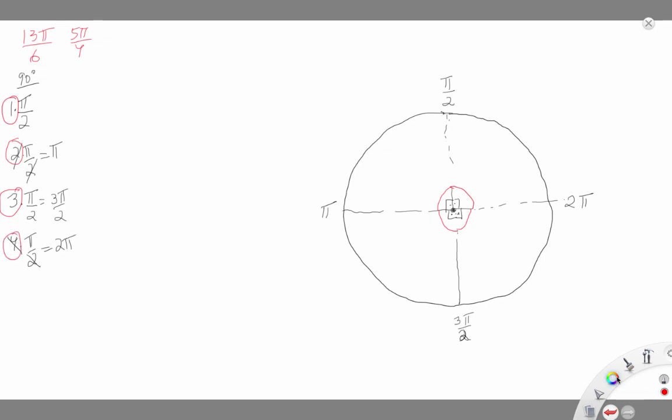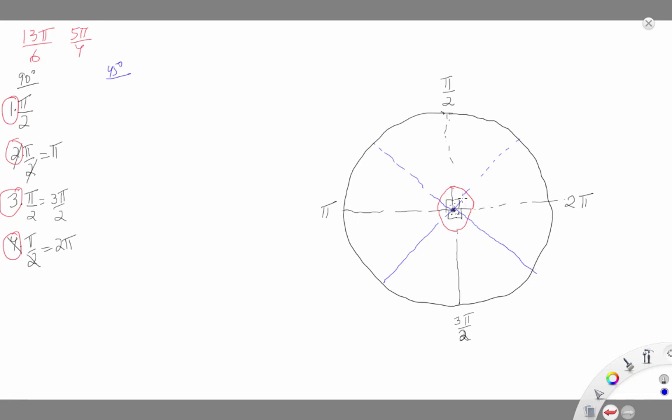I can do the same thing with, let's say, a 45-degree angle. So I'm going to continue splitting what I call my pizza. Instead of splitting it into 4 parts, I'm going to now split it into 8 parts. And right away, I'm really cutting those 90-degree angles in half.